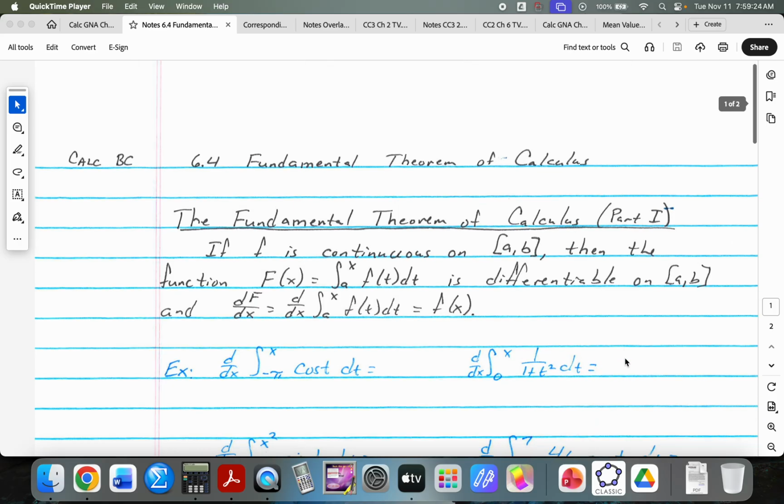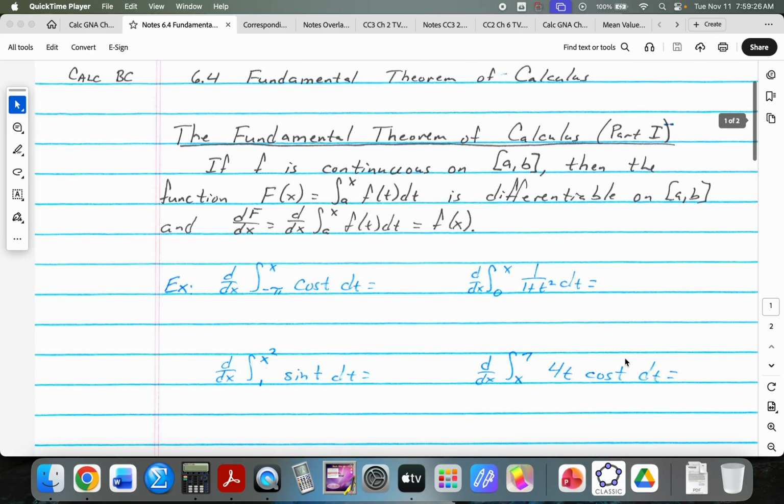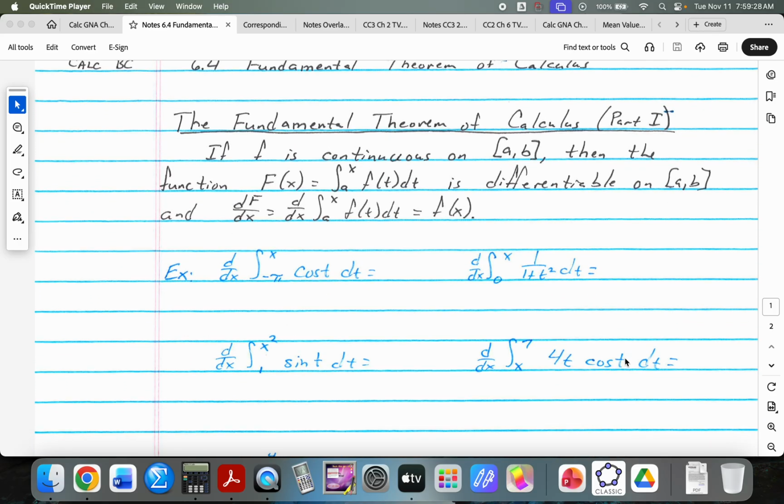So here is what your book calls part one of the fundamental theorem of calculus. It says that if f is continuous on the closed interval from a to b, and by the way, pay attention to that part, frequently if you're asked to justify something is true, then you must appeal to the requirements of the theorem.